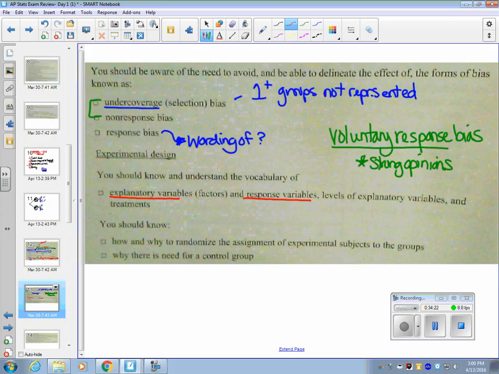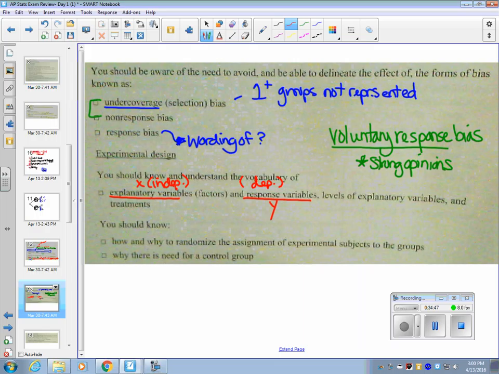One means X, one means Y. This is Y, this is X. Does that help you with independent and dependent? Which one's independent? And this would be dependent. The response is dependent on what you put in.